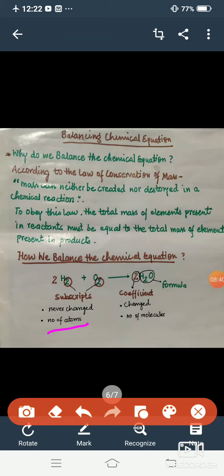The coefficient may be changed to balance the chemical equation, and the coefficient shows the number of molecules. This is the basic concept for balancing the chemical equation. Always remember that subscripts are never changed, coefficients can be changed.